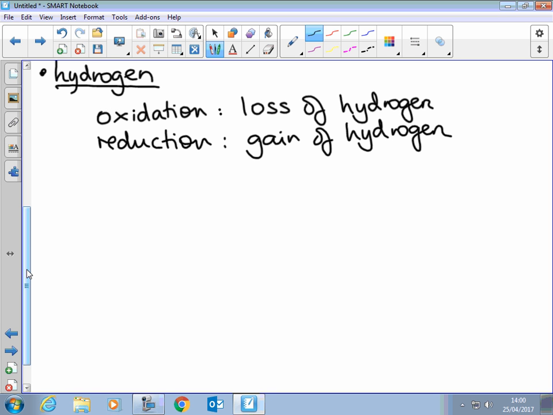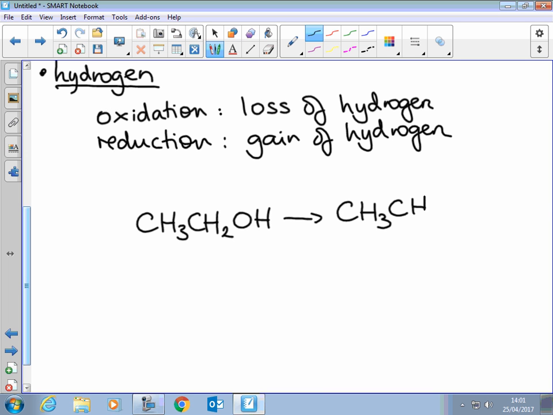So I'm not going to worry about how it actually happens, but if we start with our ethanol, I'll write it out properly. Our ethanol on this side, CH3CH2OH. In order to balance that, I will have to put H2, but I'm going to put it in brackets because you wouldn't actually get hydrogen released as a gas, would you?